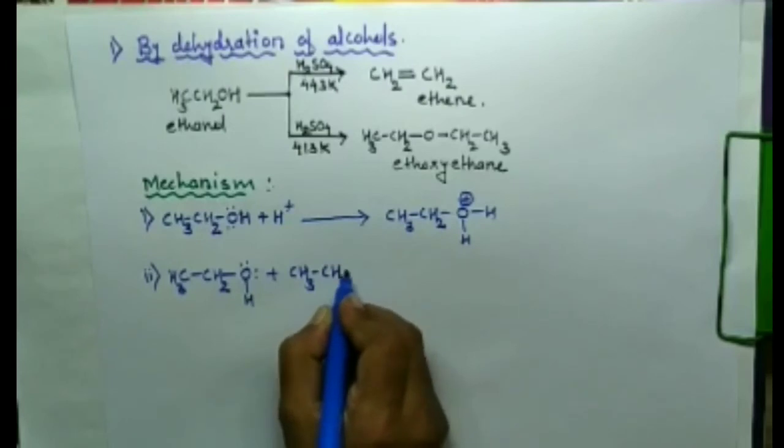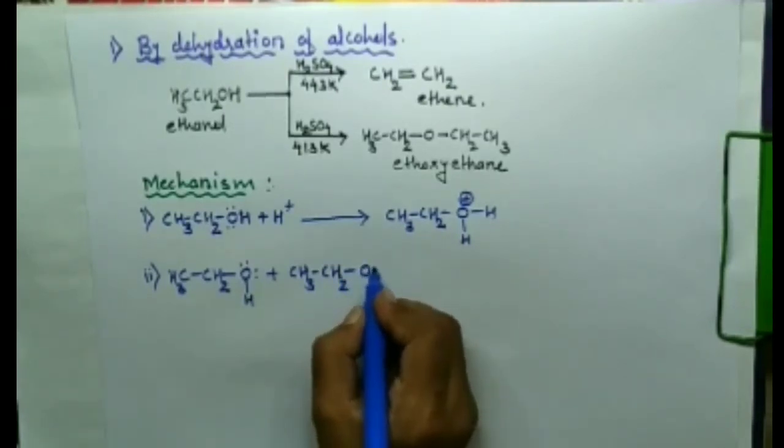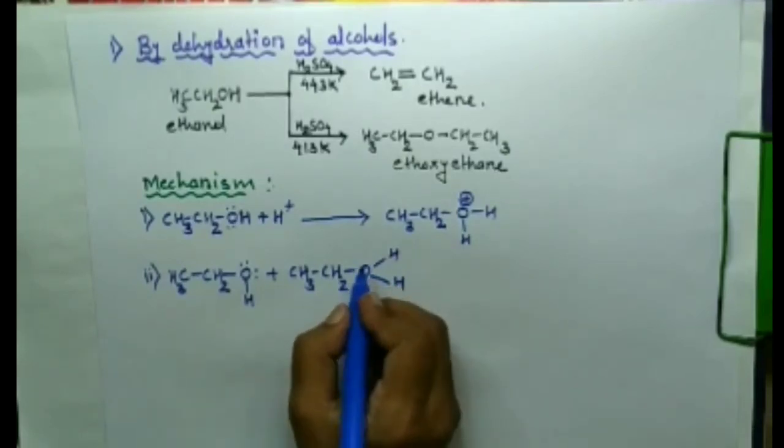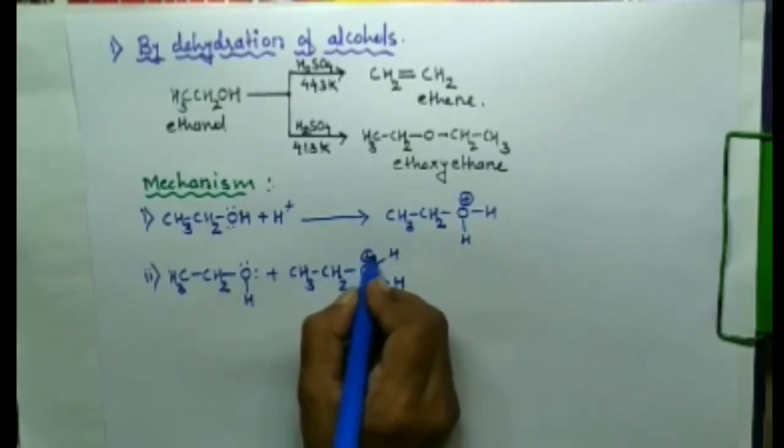So CH3CH2OH2 plus, I will write it this way, it is having positive charge.